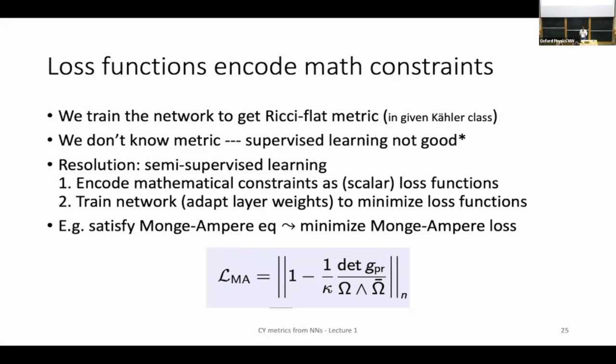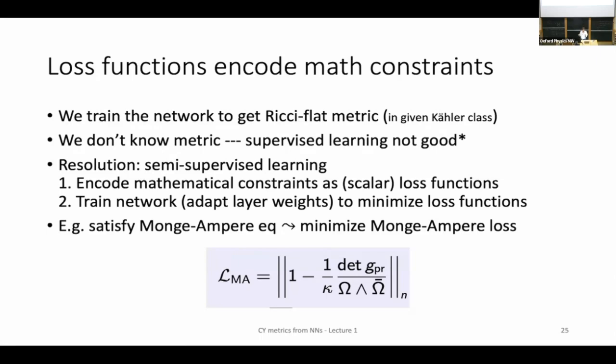So for example, here is the most common loss function that is used, which is the Monge-Ampère loss function. It's quite similar to the one of the functionals that James wrote down, but it doesn't have any integration here.